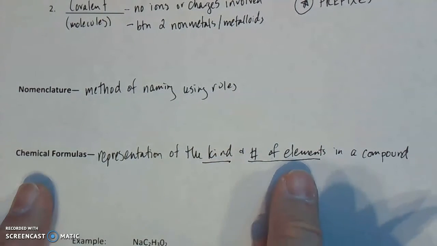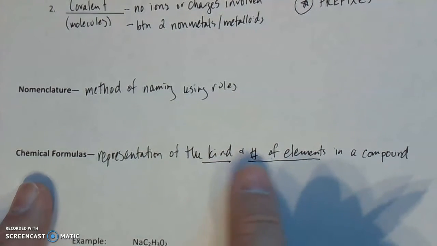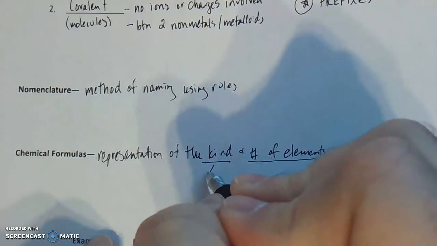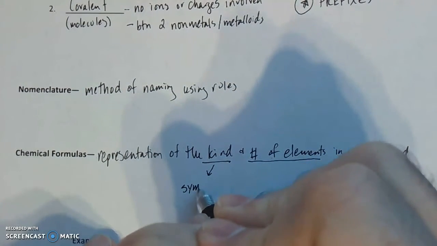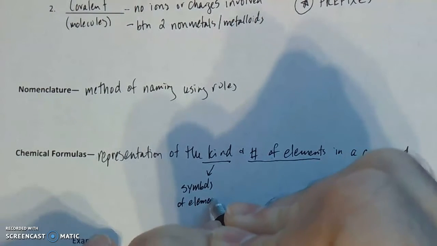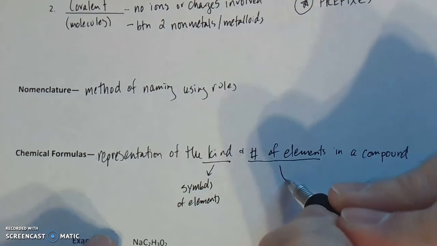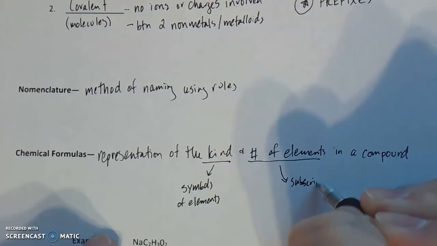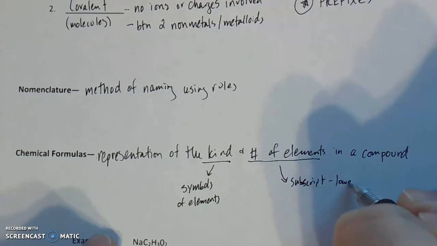So the 2 big words here are kind and number of elements. So the kind is given to us by the symbols of the elements. And the number is given by a subscript in the lower right-hand corner.